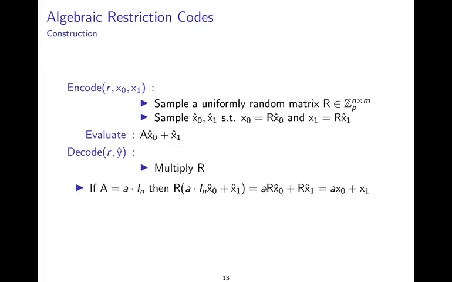This means that it is equal to this expression, and because of how x0 hat and x1 hat are defined, this means that it results in A times x0 plus x1. The basic reason why this doesn't work if A is not a scaled unit matrix is that A and R do not commute. The second construction follows a similar philosophy, however it needs a strengthened version of the XOR lemma.